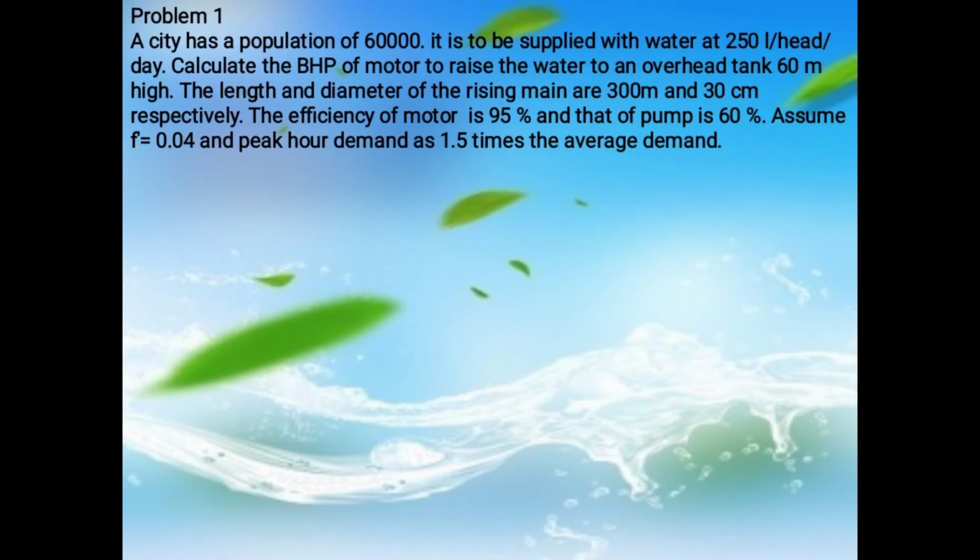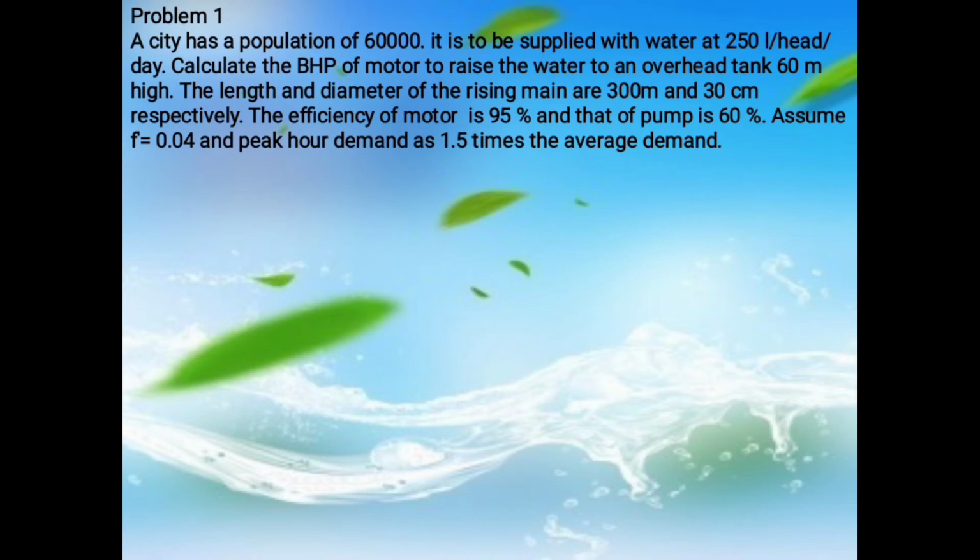Next is a problem. A city has a population of 60,000. It is to be supplied with water at 250 liters per head per day. Calculate the BHP of motor to raise the water to an overhead tank 60 meters high. The length and diameter of the rising main are 300 meter and 30 centimeter respectively.